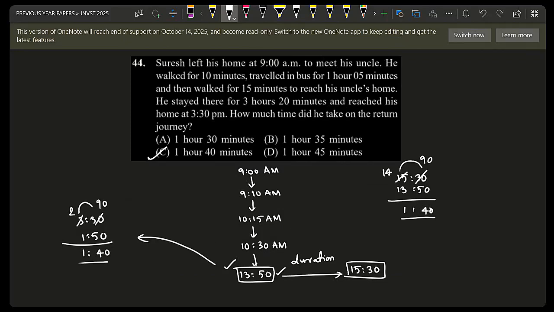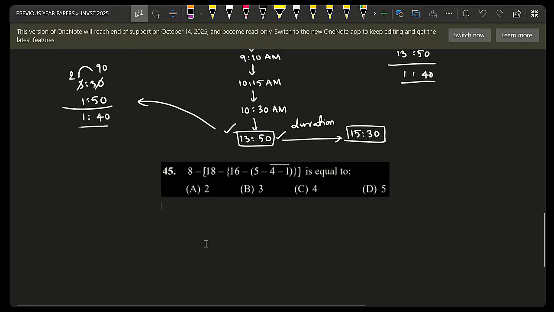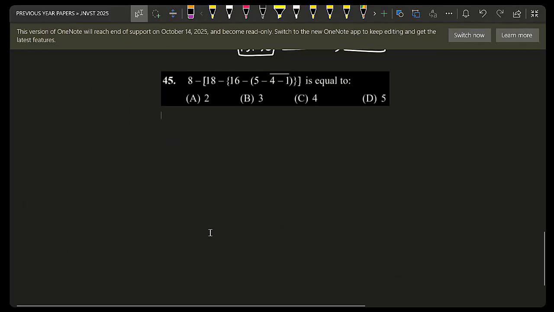Simplification question. Yes, this one. So let me solve this in erasing method, but you can write the steps one by one if you want.